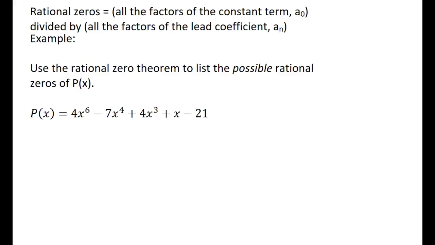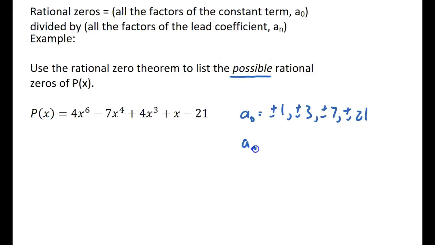Okay, so let's use the rational zero theorem to list the possible, notice that this is not the actual, these are all the possible rational zeros of this polynomial. So all the factors of the constant term a sub 0 are plus or minus 1, 3, 7, and 21. Those are all the factors of -21.